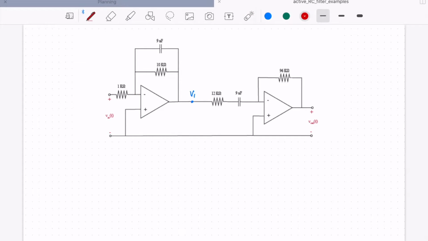At the positive terminal, the equation is very simple. We just say V plus is equal to ground, which is 0.